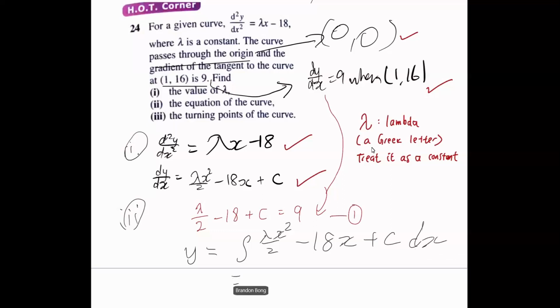Good. Then x cubed divided by 6, correct. Minus 9x plus cx plus k.